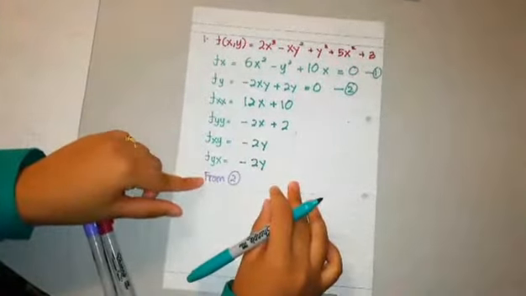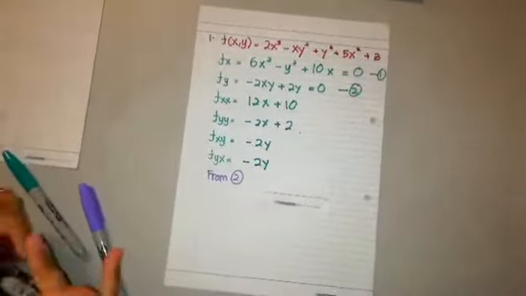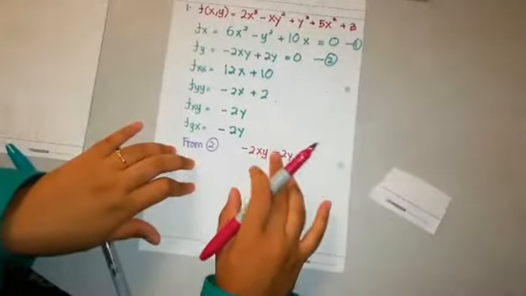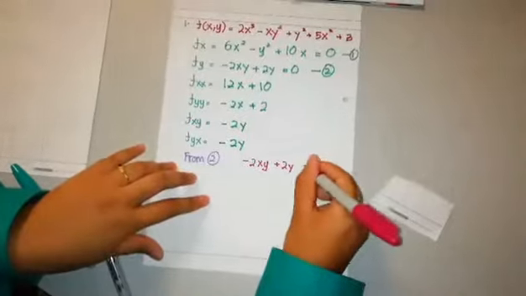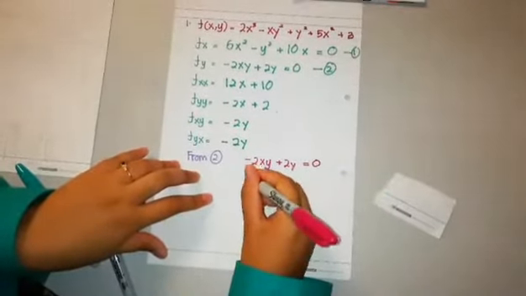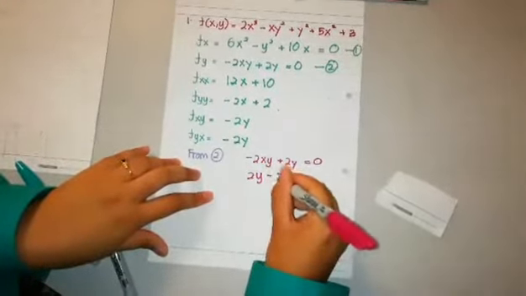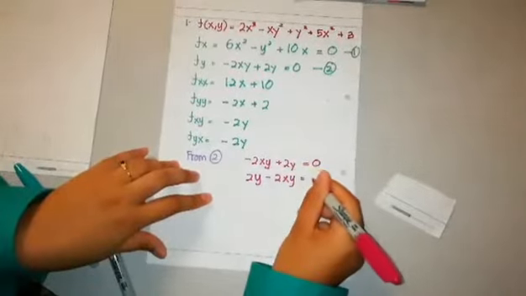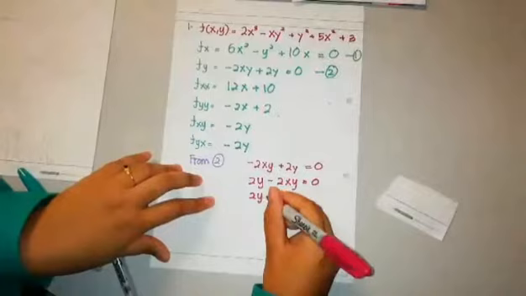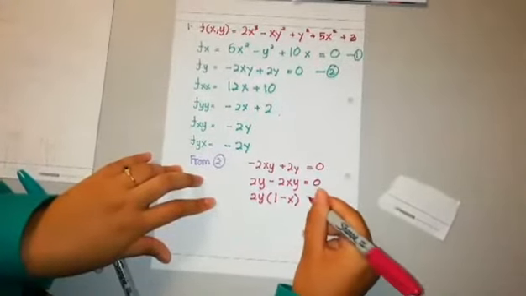Okay, from equation number 2, this is what we will get. Negative 2xy plus 2y equals 0, so 2y minus 2xy equals 0. 2y bracket 1 minus x equals 0.